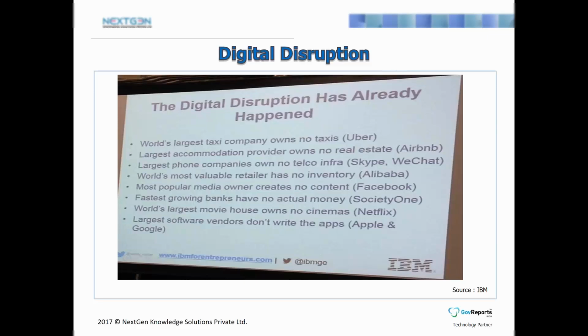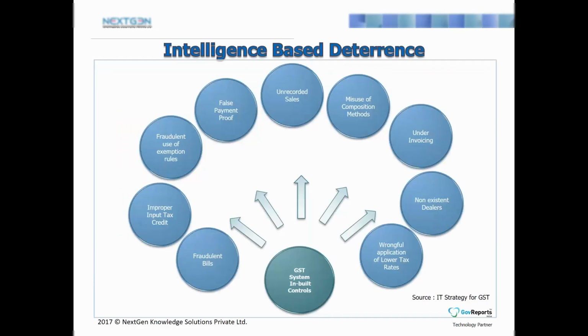So when there is little role for human intervention, most of the GST rules will be incorporated in the compliance software itself. So it will adversely affect tax practitioners also. I am restricting myself here and leaving it to your guess. How much will it affect the tax practitioner?